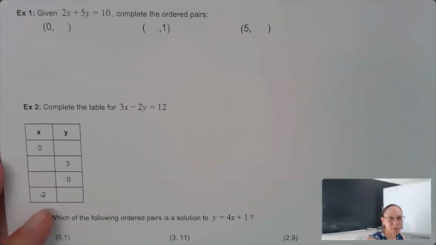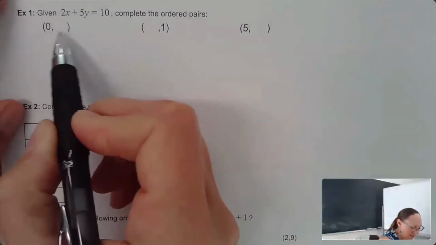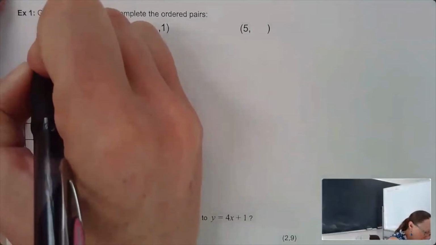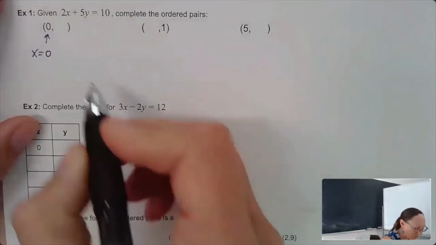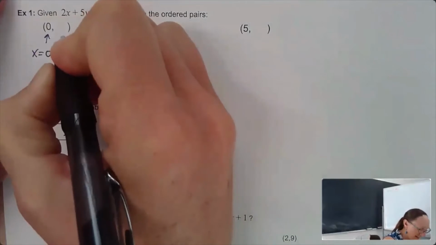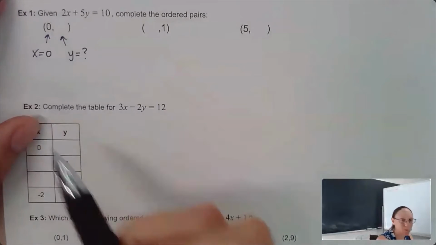When we talk about completing the ordered pairs, this right here is indicating that X is equal to 0. So completing the ordered pair is asking us, what is the Y value when X equals 0?